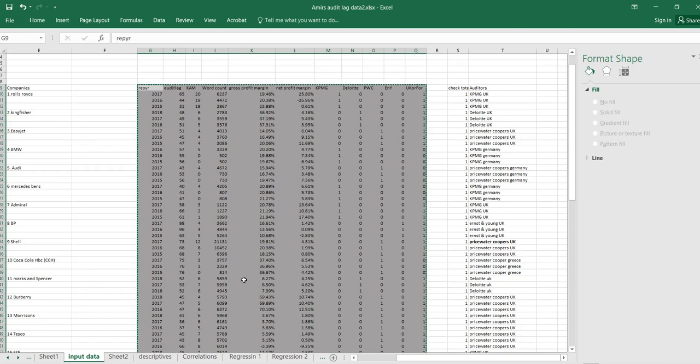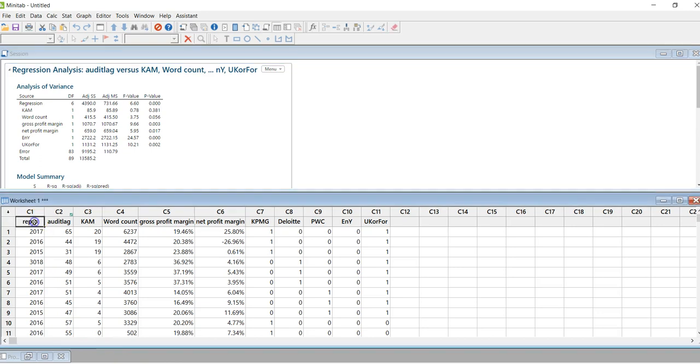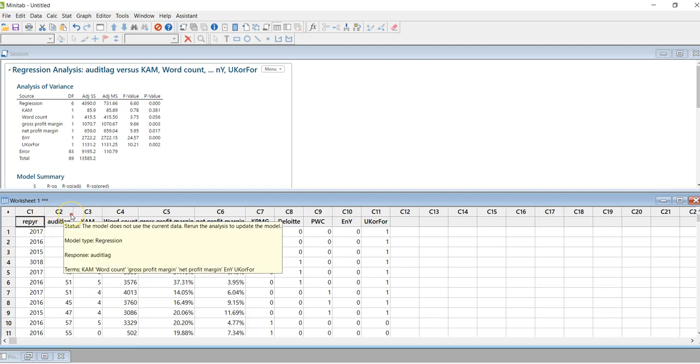So Control C. We then, and I've prepared this a little bit beforehand, we then go into Minitab, and just to repeat what I've done, you do Control V, and then that pastes all the data.